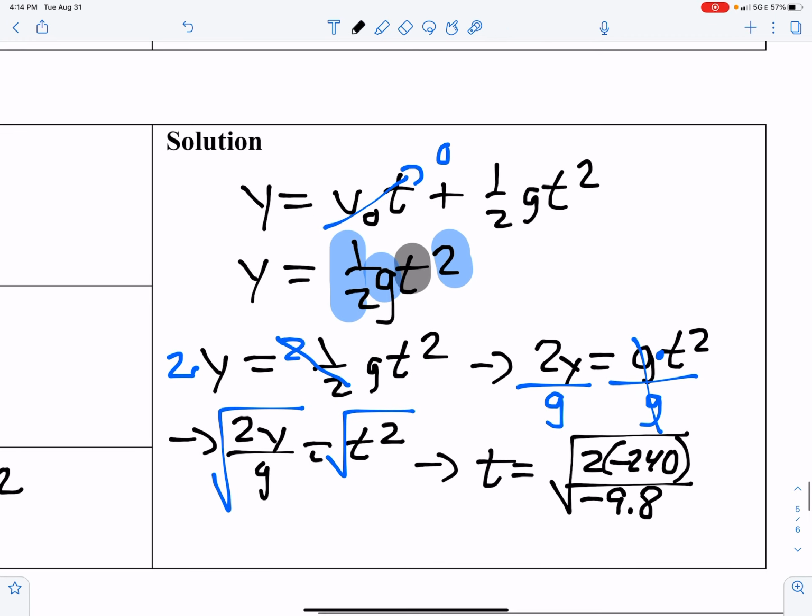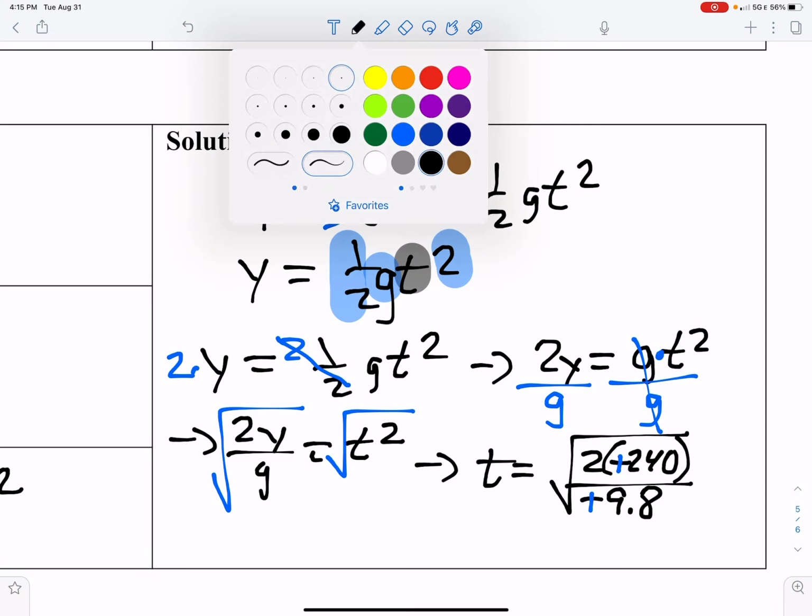I hope you all now see why we had to put the negative here for the y, because if we put a positive 240 in there, we'd end up taking a negative square root, and our calculator would give us an error message. By having a negative displacement of that compass, the fact that it fell negative 240 meters, we're able to cancel the negatives, and we can get a correct evaluation for time.